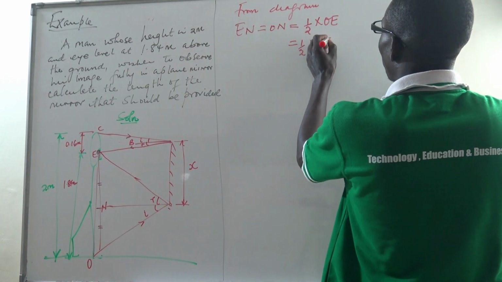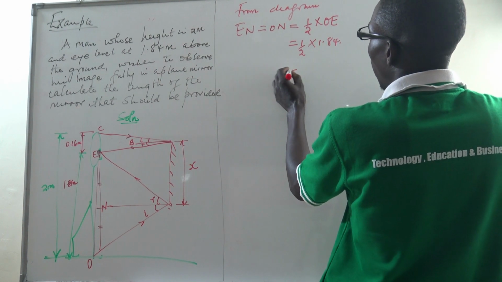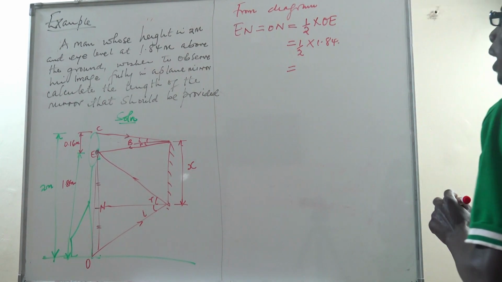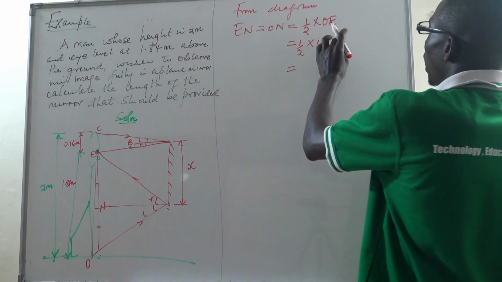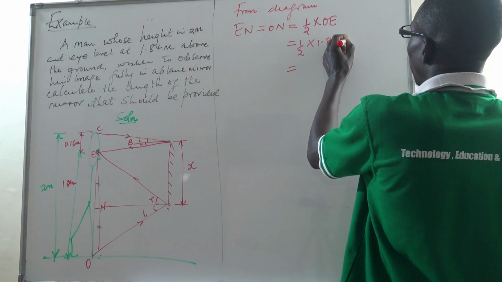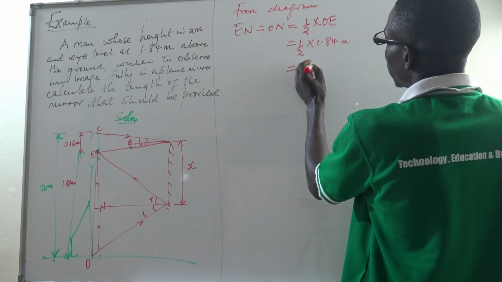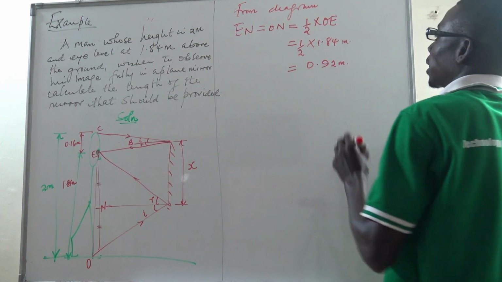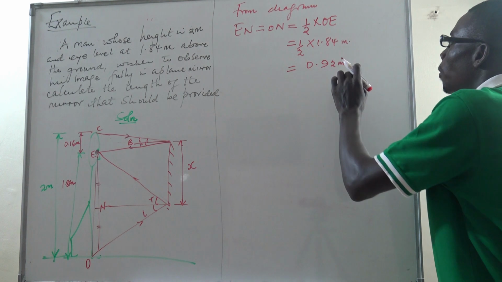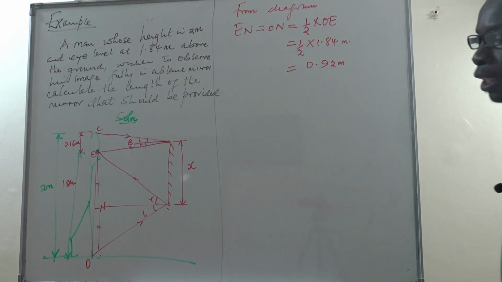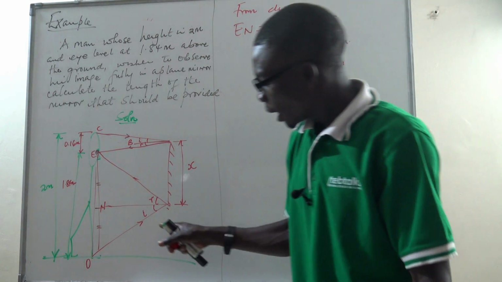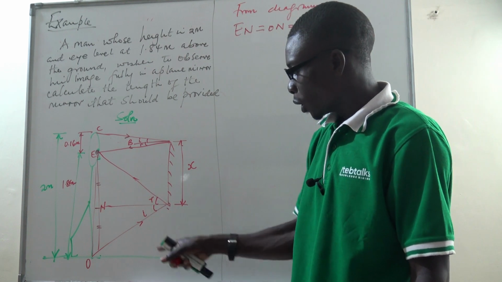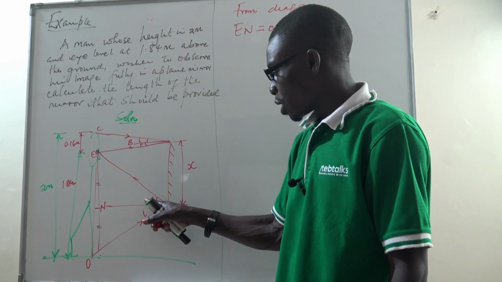And what is OE? A half of 1.84. You can pick your calculator there. That will give us 0.92 meters. If you're pressing very well, that is equivalent to 0.92. Because we are saying that, from the laws of reflection, this angle is equal to this angle.